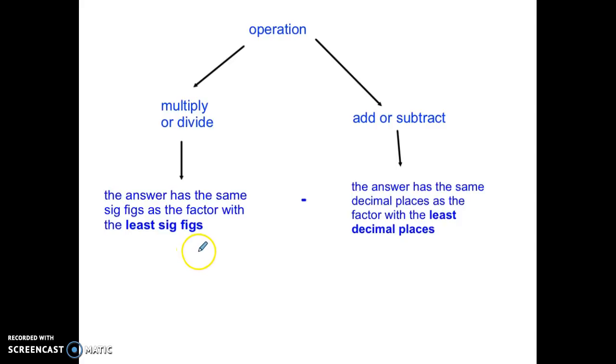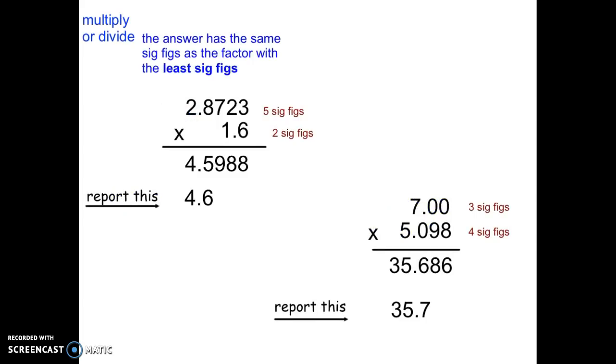It's multiplying and dividing. And the answer that you are going to report has the same significant figures as the factor that has the least sig figs. So we're going to do an example of that. And I have 2 examples here.